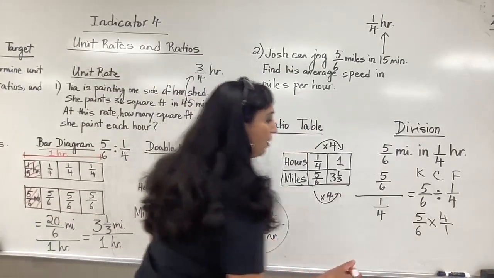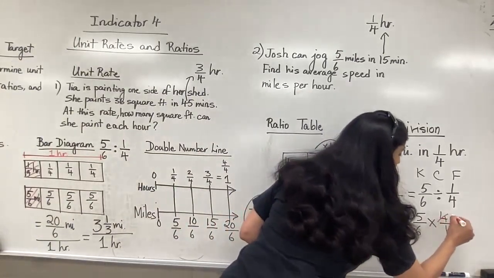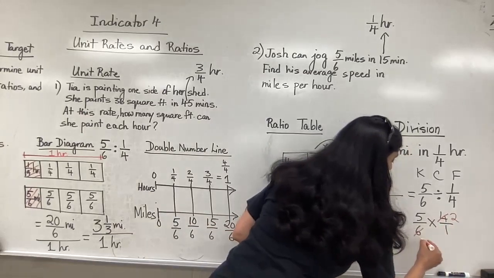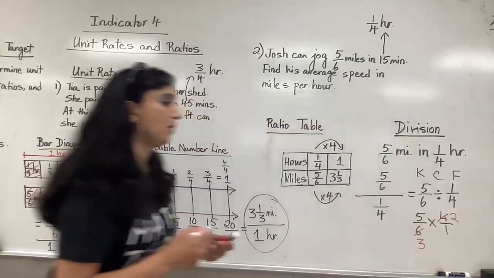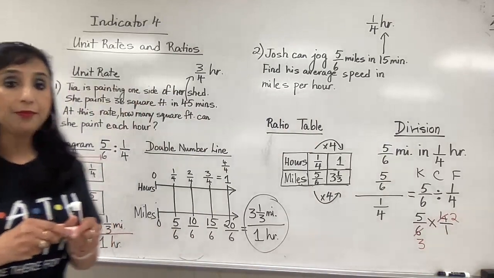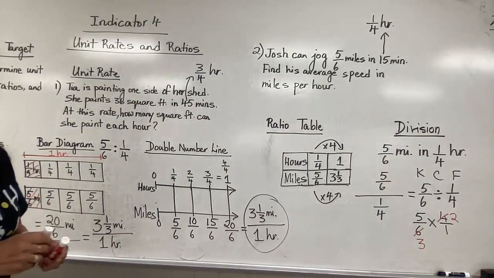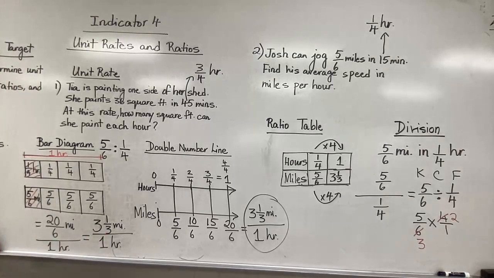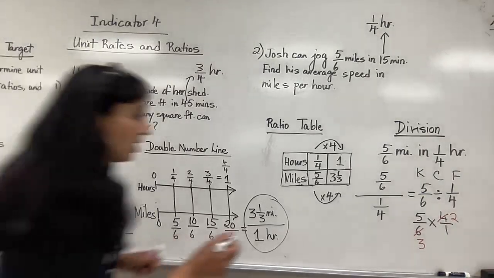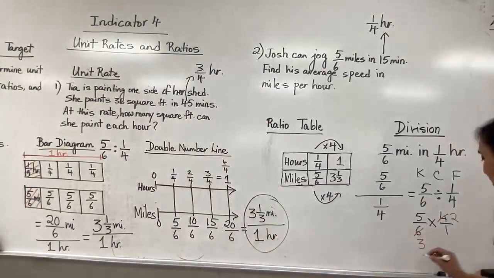So 4 divided by 2 is 2, and 6 divided by 2 is going to be 3. All right. And so now 5 times 2 gives me 10. 3 times 1 is 3.